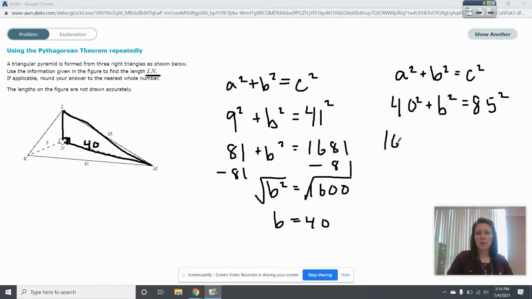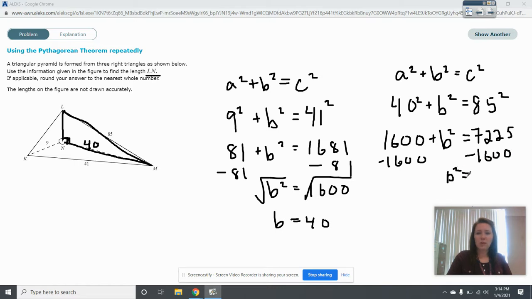40 squared is 1,600 plus b squared equals 85 squared is 7,225. That's really big. Subtract 1,600 on both sides.